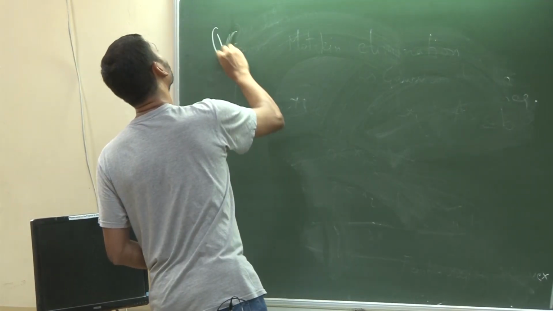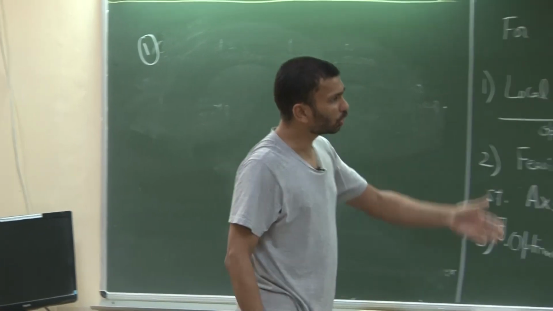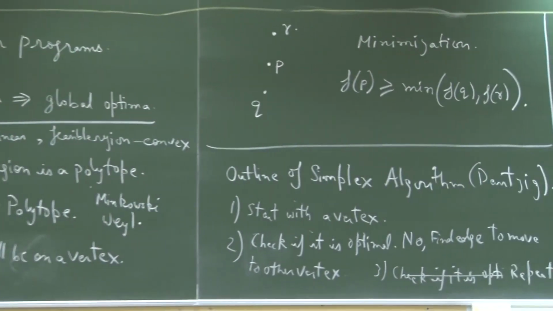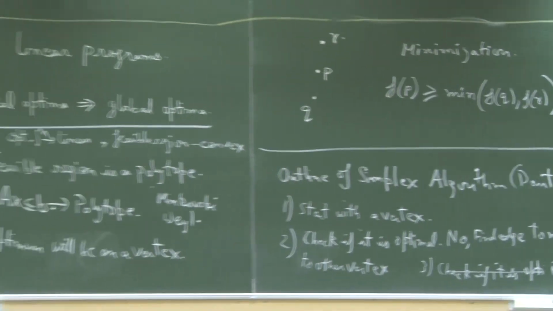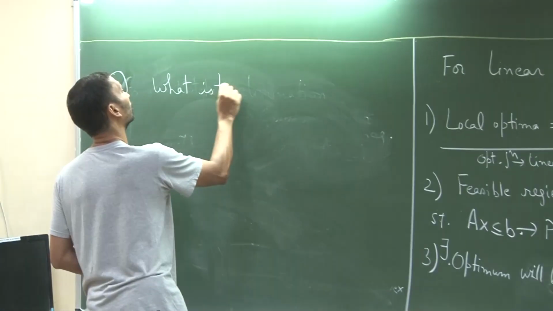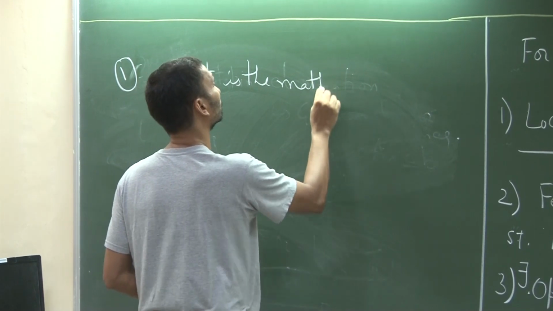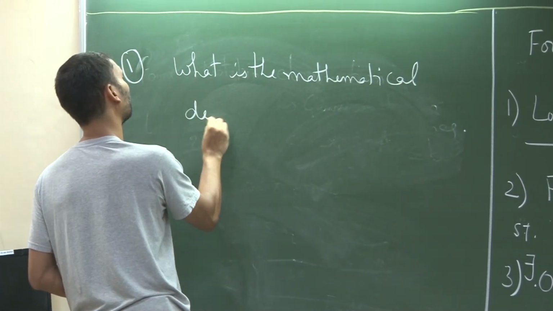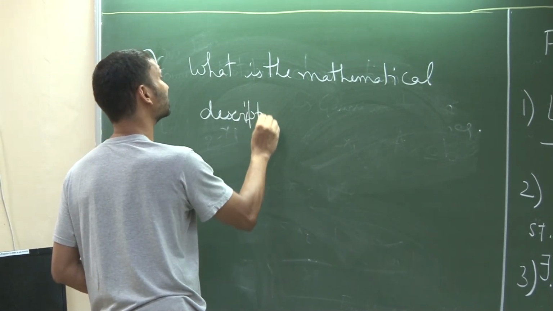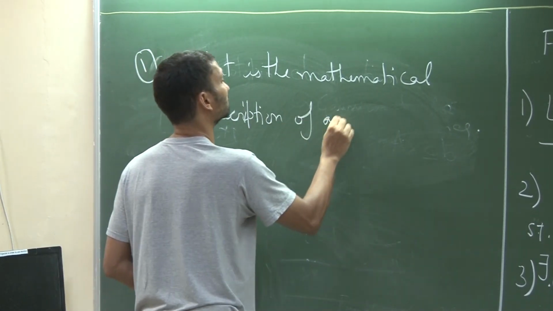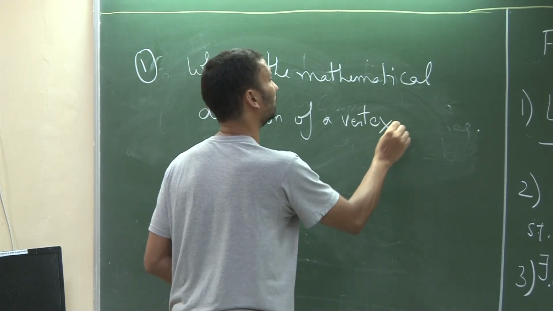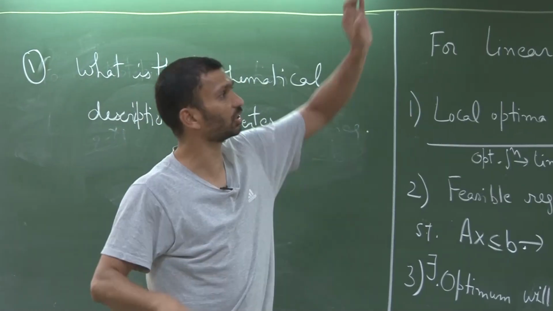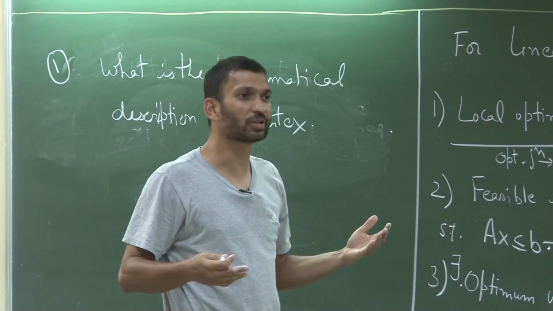So the first important question when you look at this kind of outline is, how can I describe a vertex? Yes, great. In my picture it is at the corner. It is not a convex combination.